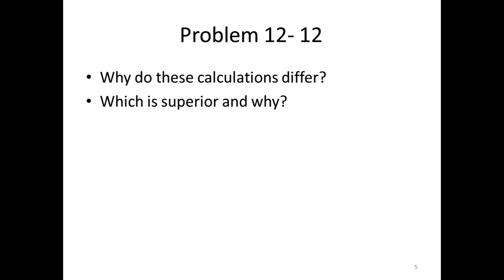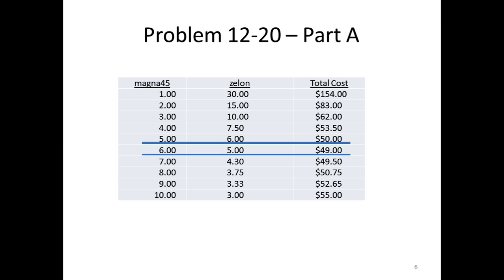Now the next problem, 12.20, deals with Starling Coatings, who have 2 inputs to create a waterproof undercoating called Zerton. There's 2 inputs, Magna 45 and Zelon. And the question is, what should be the mix of the 2, ideally, to produce the lowest cost on a single batch of Zerton?